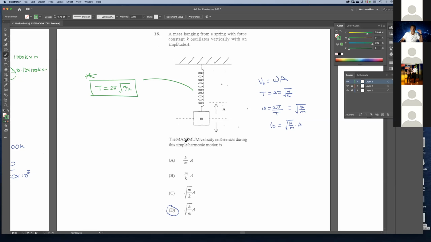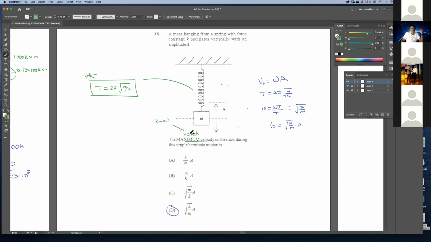Maximum velocity. We know that the maximum velocity for simple harmonic motion, v, is equal to omega by the amplitude A. Again, this is another equation we're supposed to know.